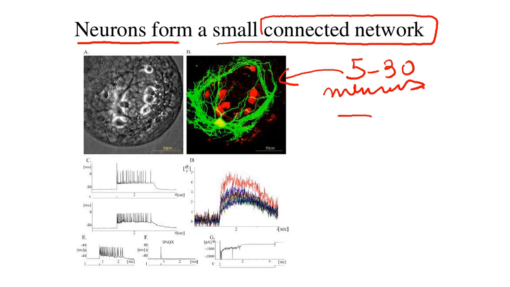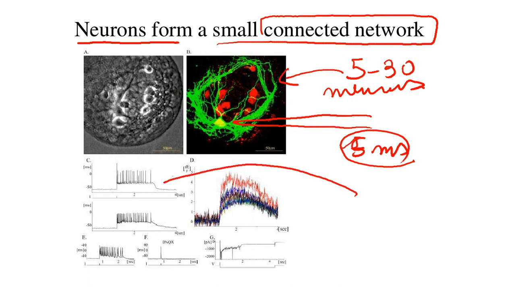So for example, if you stick in an electrode and stimulate a single neuron for about 5 milliseconds, all the neurons together can lead to a response that can last of the order of 2 seconds. The different colors show the calcium inside the different cells. So these show a synchronous activity of all the neurons together.